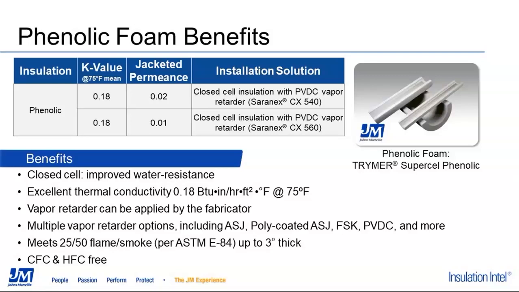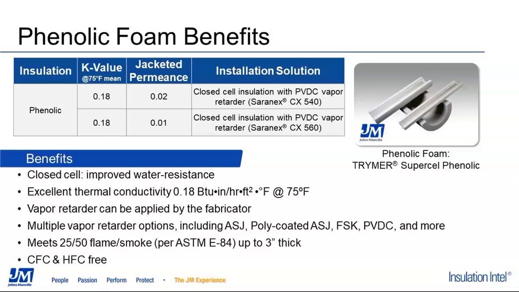Trimer Supercell Phenolic insulation meets the usually required 25/50 flame and smoke rating at thicknesses up to 3 inches. And this thickness is more than adequate for code compliance and all indoor condensation control applications where a less than or equal to 25/50 performance would be required.